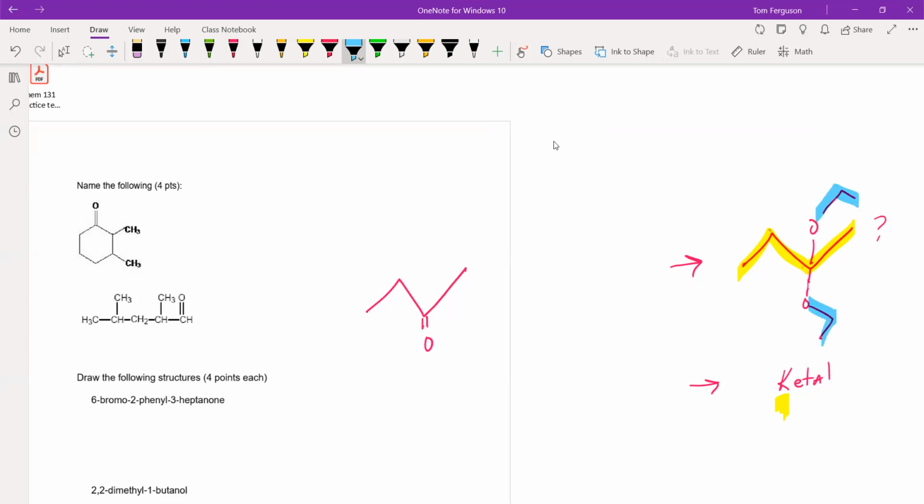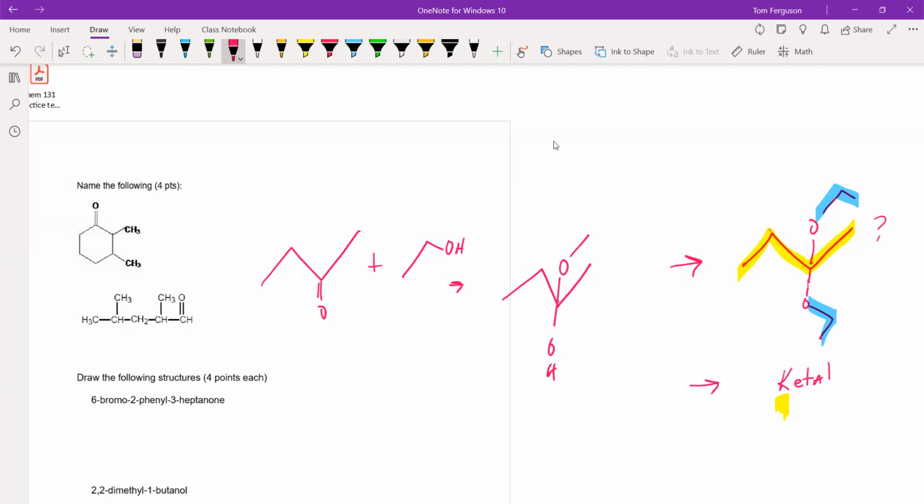That's a 2-carbon alcohol. So we're going to add first ethanol, 2-carbon alcohol. That'll give us an intermediate product.